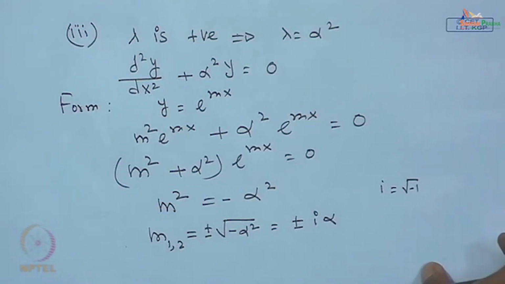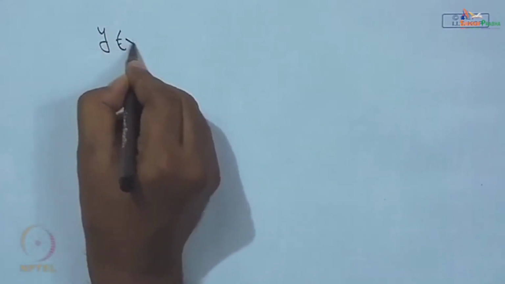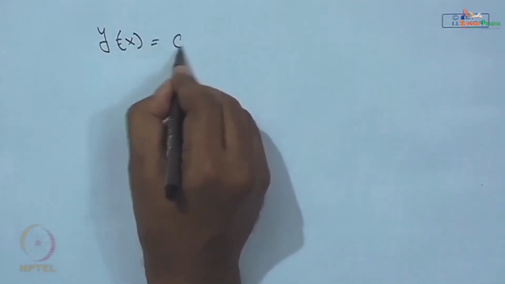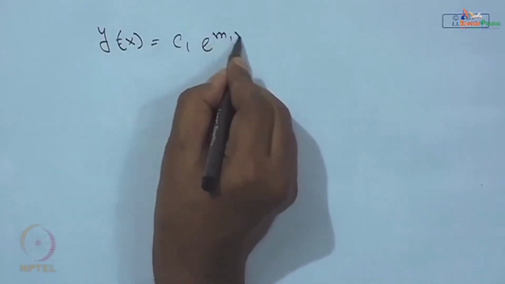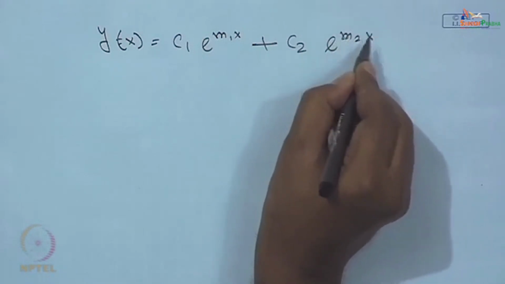So, let us see how the solution of the differential equation now takes the form. So, y as a function of x is equal to c 1 e to the power m 1 x plus c 2 e to the power m 2 x.